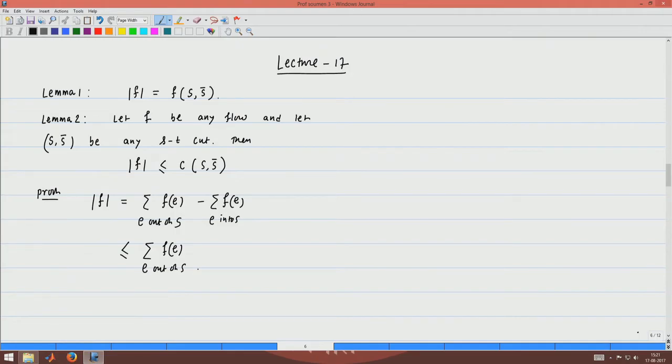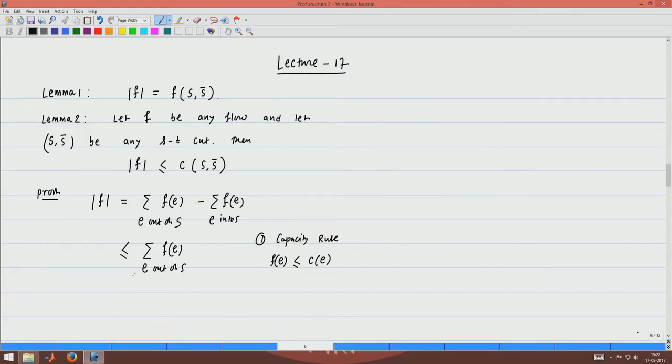That means I am just ignoring this positive term, right. And also we know the capacity rule, that the flow is always less than or equal to the capacity, right. So, this is the capacity rule that we learned. This is the first rule for f to be a flow.